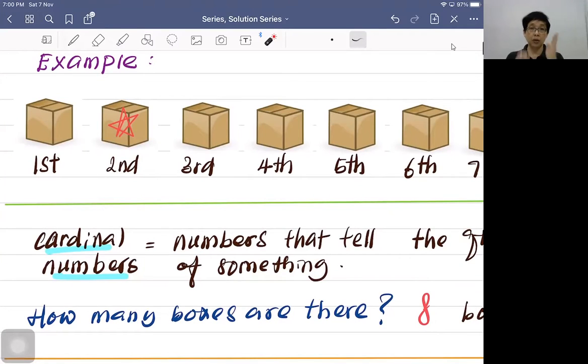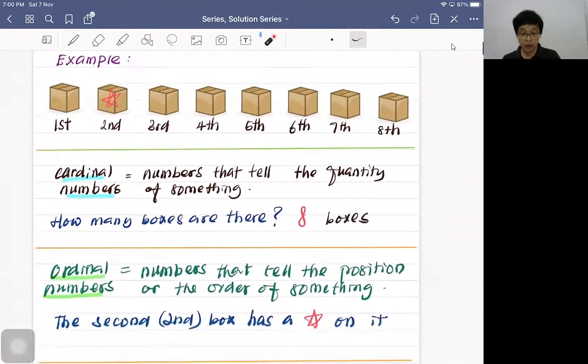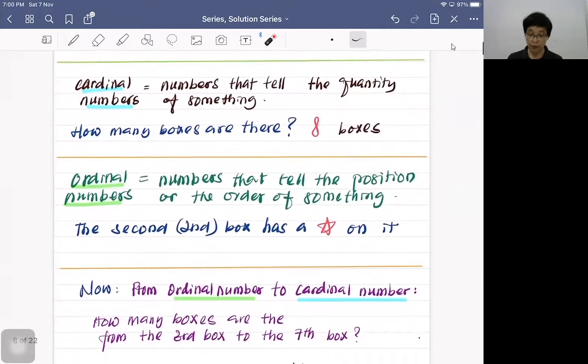So it is not 2 boxes, but it is the box number 2 in the order, the second one. All right, so that is called an ordinal number.